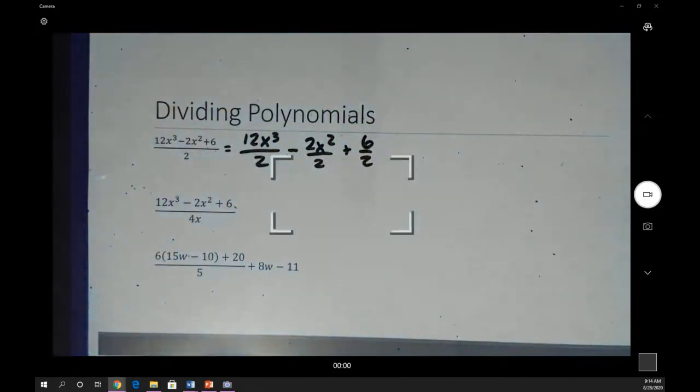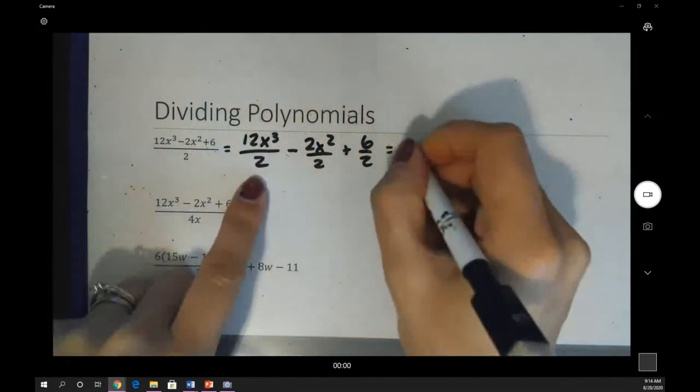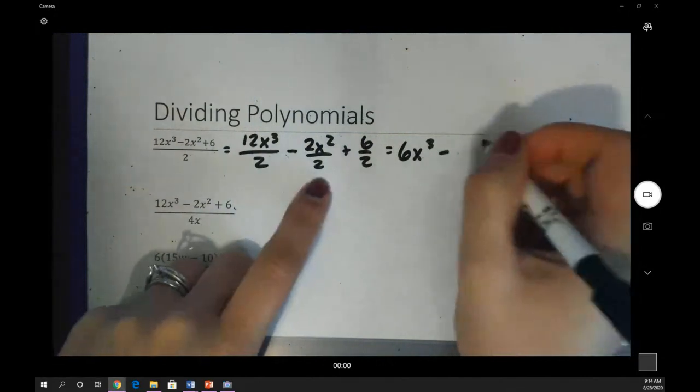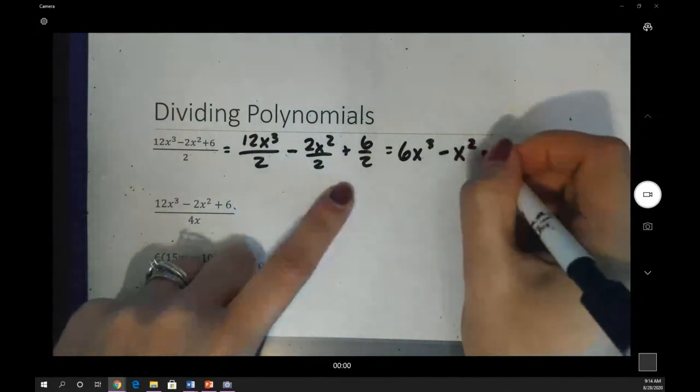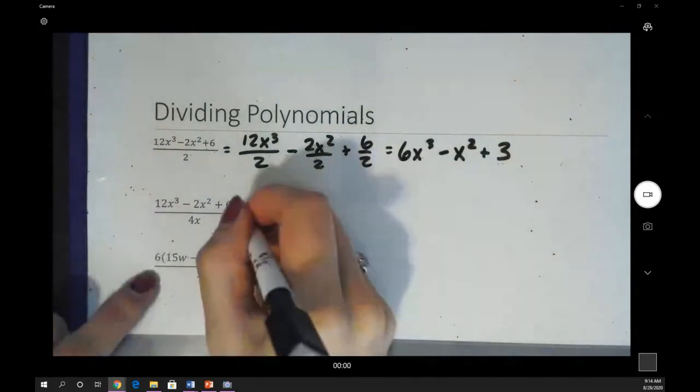We're allowed to do this anytime we have addition and subtraction in our numerator. So my first term is going to become 6x cubed minus x squared plus 3. So we're just dividing term by term rather than thinking of it as something more complex.